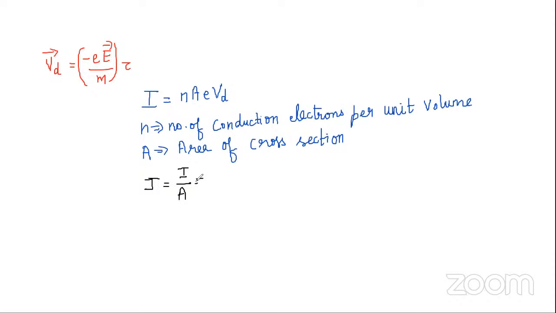So J equal to I by A, that will be N E into Vd. J equal to N E into Vd. This is the relation between the current density and the drift velocity. I hope you all understand this concept. Do you all understand this, students? Yes, sir. Yes, that's great.